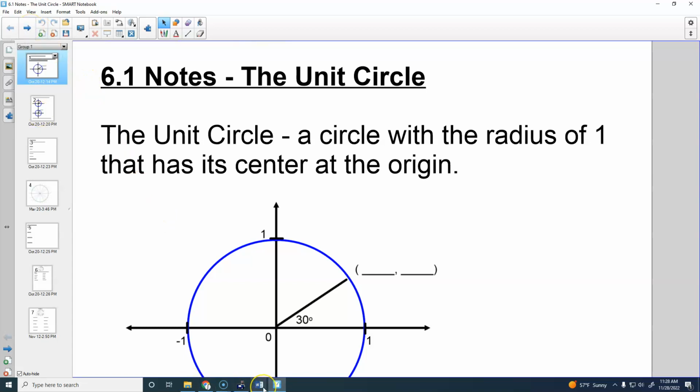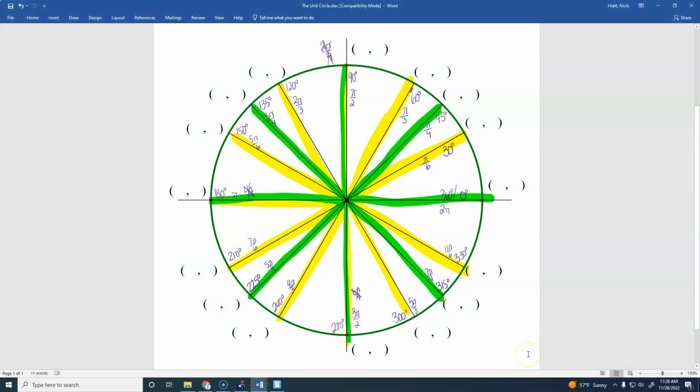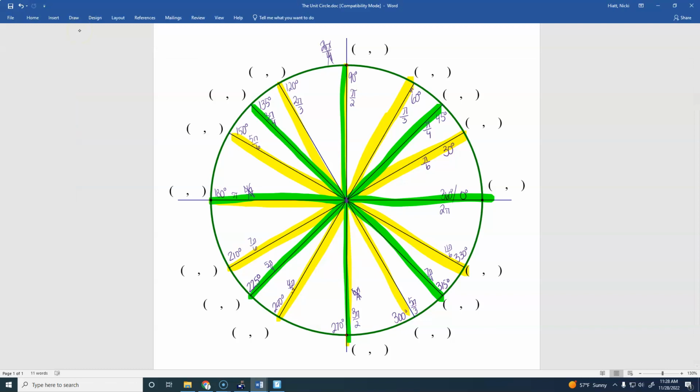Okay. Let's look at our unit circle first. The unit circle is a circle with a radius of 1 that has its center at the origin. So if the radius is 1, let's flip over to our unit circle. There's going to be a few we can go ahead and fill in. Right here is the point 0, 0.